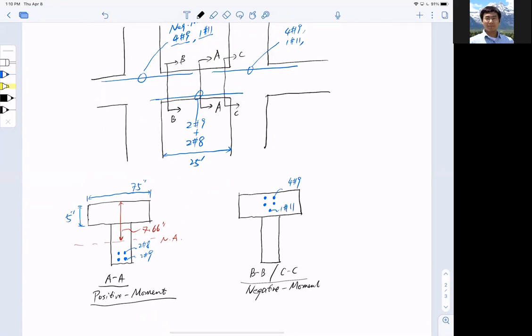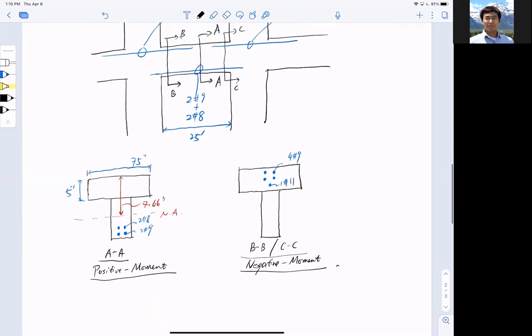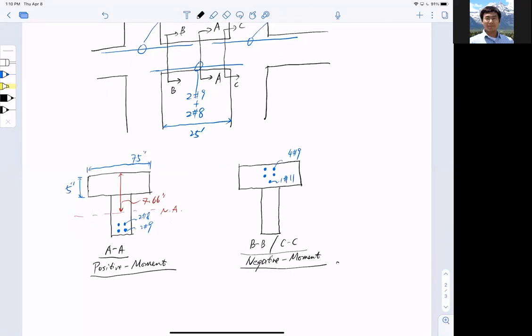One thing you can immediately tell is that Ig is the same for AA and BB.